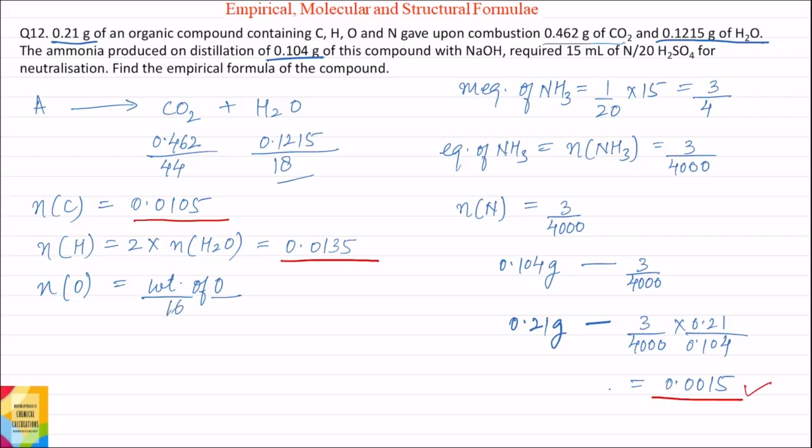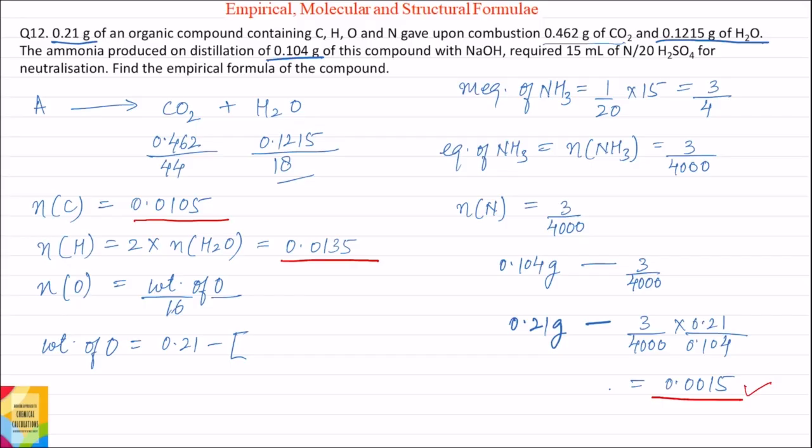Moles of oxygen will be equal to weight of oxygen divided by atomic weight of oxygen, that is 16. अब weight of oxygen कैसे निकालेंगे? Weight of oxygen will be equal to weight of the organic compound, that is 0.21 gram, minus weight of carbon plus weight of hydrogen plus weight of nitrogen.